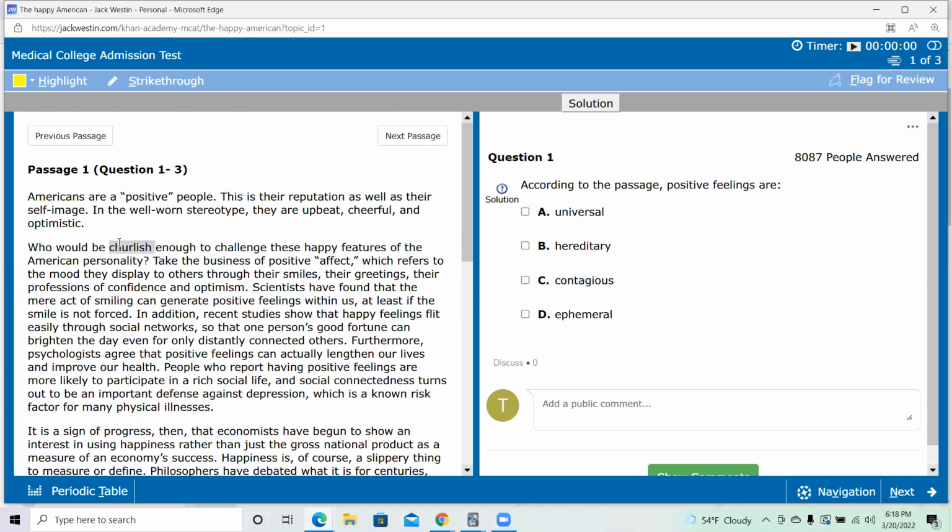Right here, I'm going to highlight churlish. The reason I'm going to highlight churlish is what I like to highlight is things that give me little clues as to the author's feelings and disposition, right? We had talked about this before. I pretend that I'm like a profiler, right? I pretend like I'm profiling the author and trying to figure out his identity.